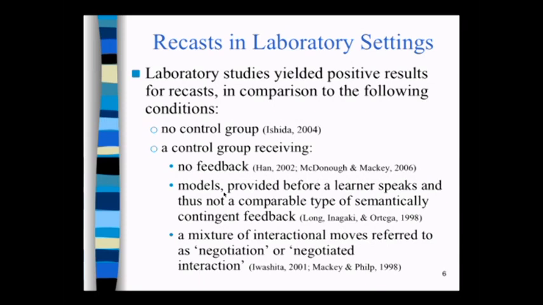And some of the studies compared recasting with what was called negotiation or negotiated interaction, which was a mixture of different types of feedback. And sometimes this negotiation actually included recasts serving as confirmation checks.